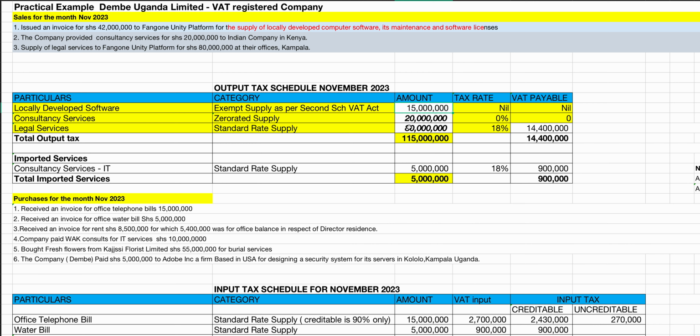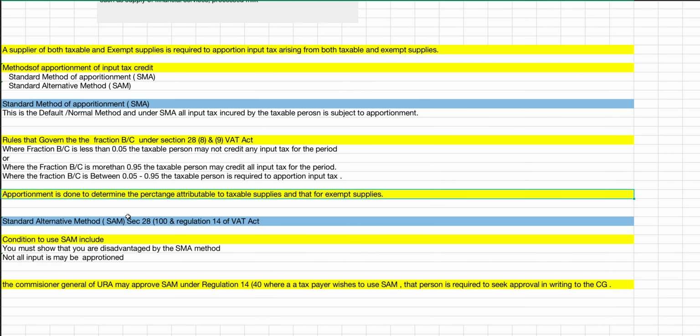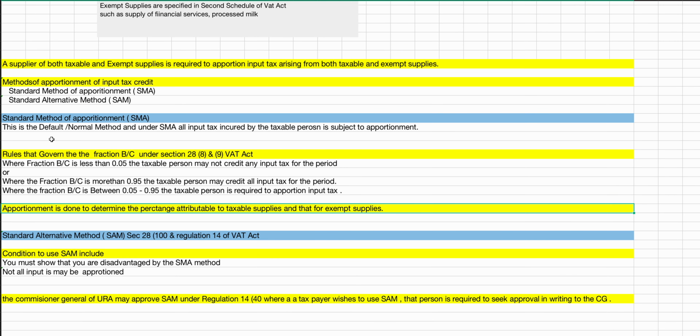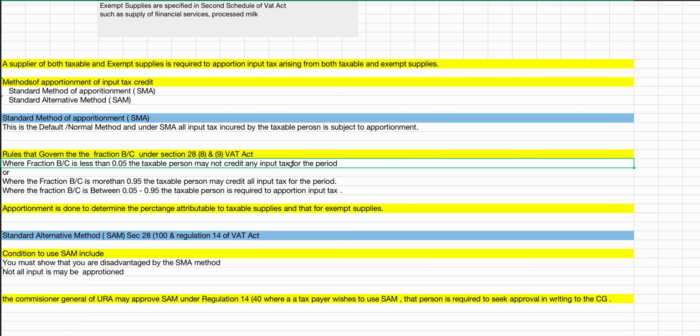Now, maybe you note that we said the B over C fraction. Let me take you back there to the rules when it comes to applying this standard method of apportionment. Where the fraction of B over C is less than 0.05, the taxable person may not credit any input. So we are going to test that.